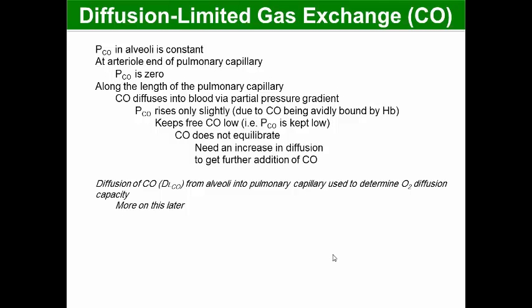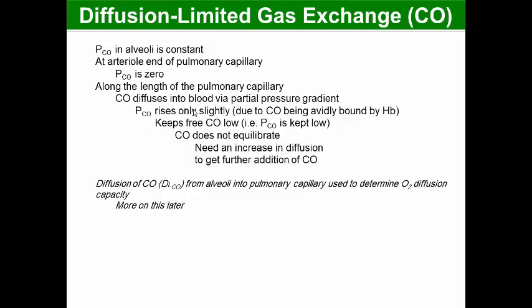So this is what we have just mentioned here. Carbon monoxide in the alveoli is constant. It doesn't change the partial pressure of carbon monoxide. And along the length of the pulmonary capillary, carbon monoxide keeps on diffusing.